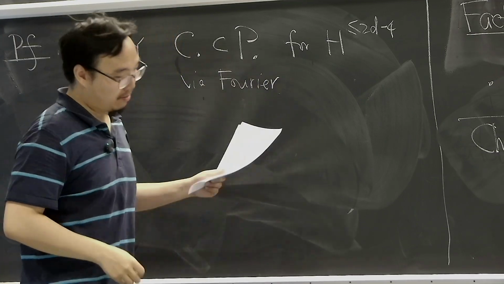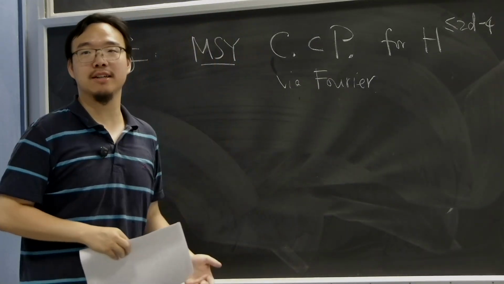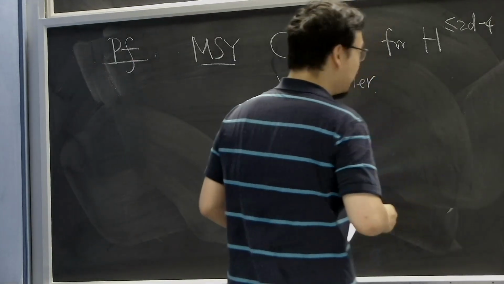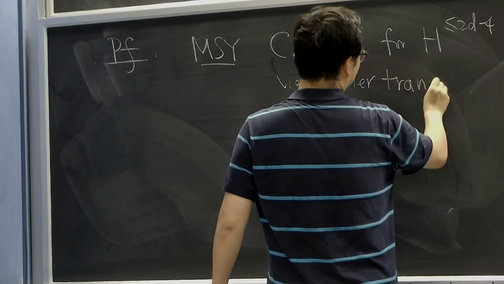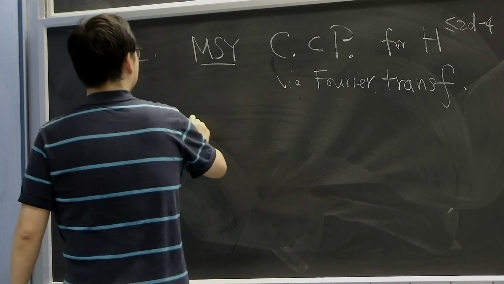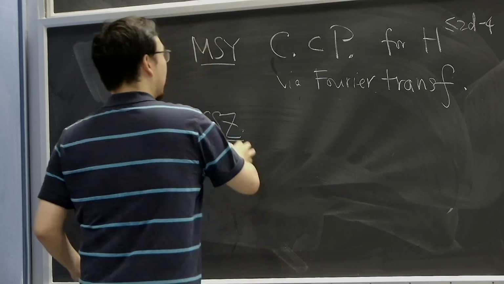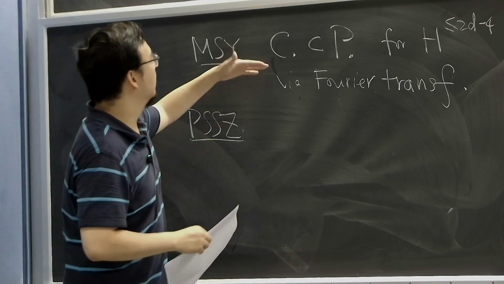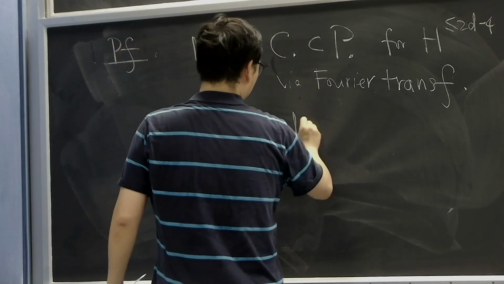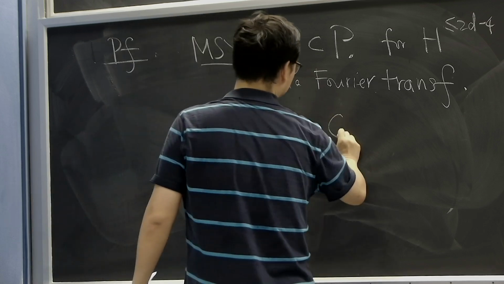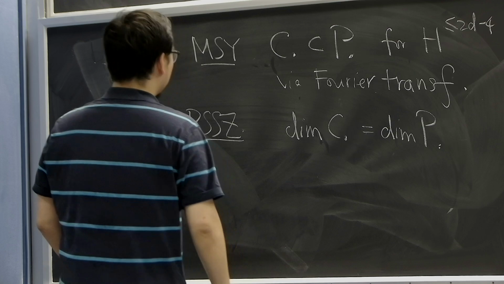The key player is the derived equivalence constructed by Arinkin, as mentioned in Yukinobu's talk, which realizes the duality by Fourier transform. And then later, since one filtration is included in the other, it suffices to prove that the dimensions are the same, which was done in the PSSZ paper.